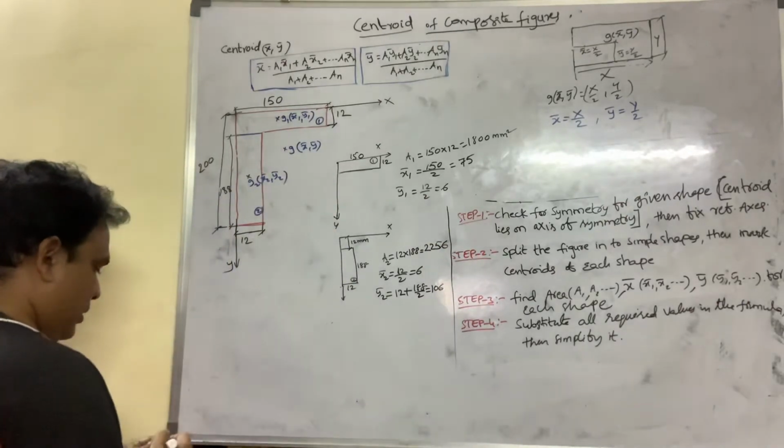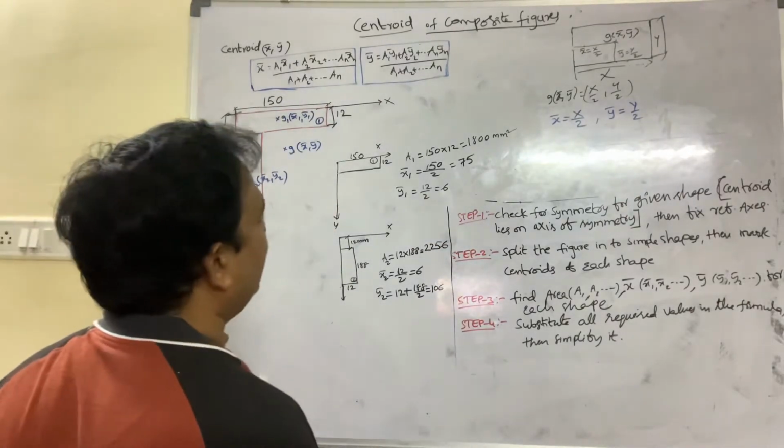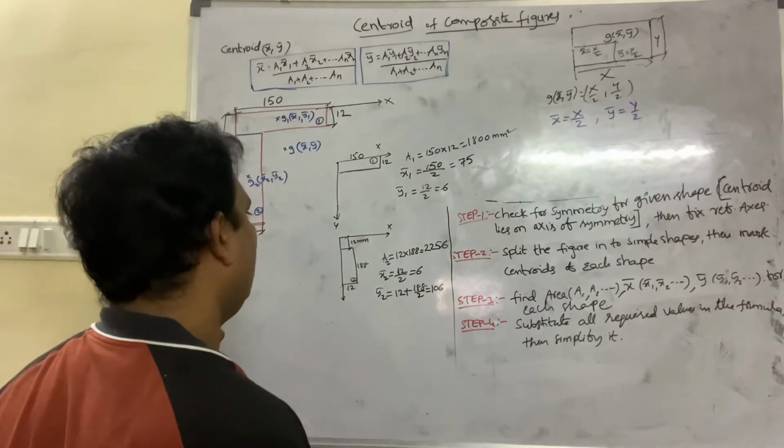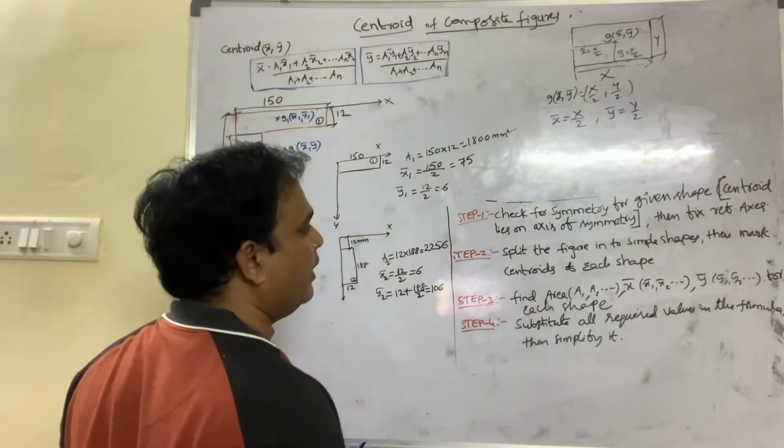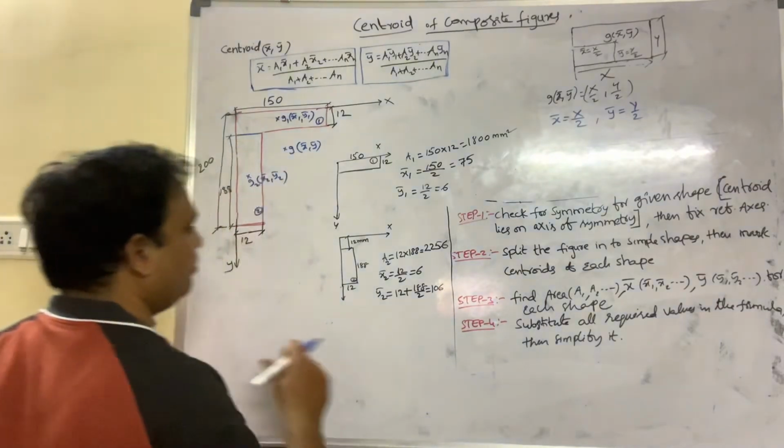So after knowing all values a1, x1 bar, y1 bar, a2, x2 bar, y2 bar, the last step is substitution of all required values in the formula, then simplification.